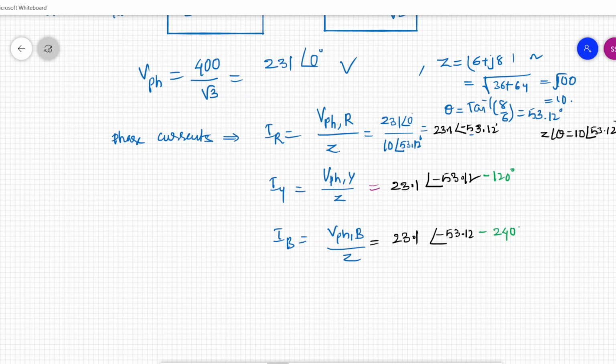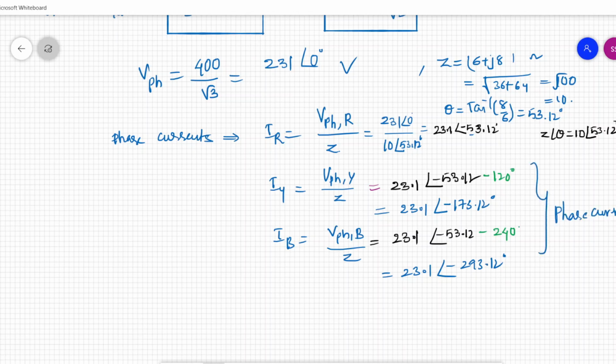So if you can find one current in balanced circuits, you can equate it to other currents with 120 degrees displacement. So here IR is having minus 53.12 phase shift, so IY will be 23.1 at an angle of minus 173.12 degrees, and IB will be 23.1 at an angle of minus 293.12 degrees.